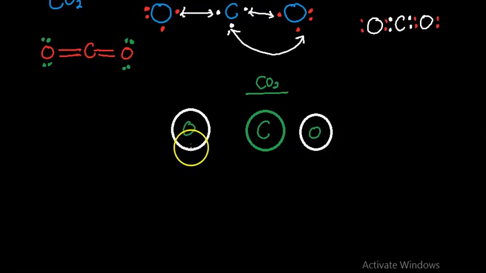We have 2 here by 3, that is 6. 2 by 3, that is also 6. In the case of carbon, we are going to have only 4.